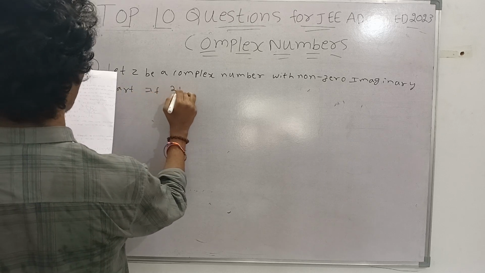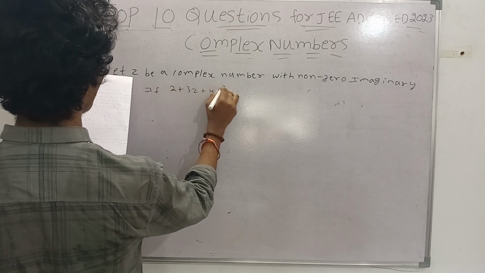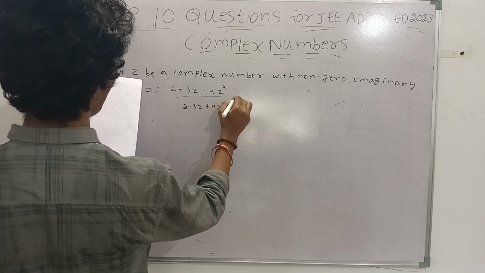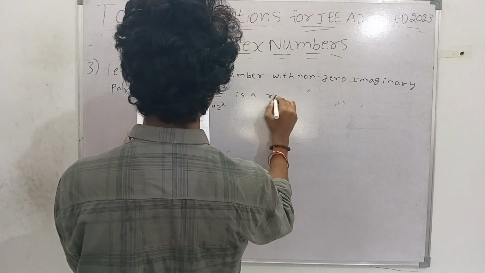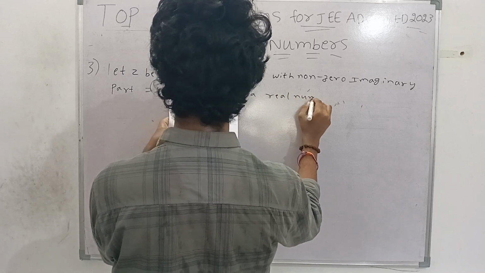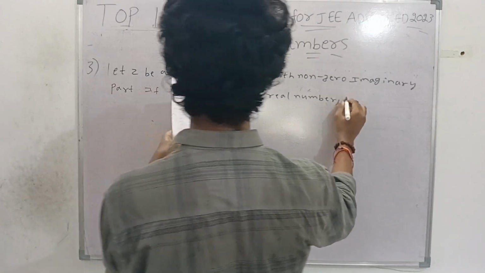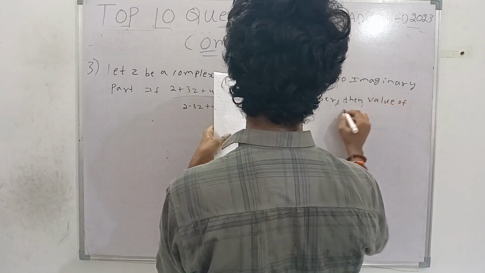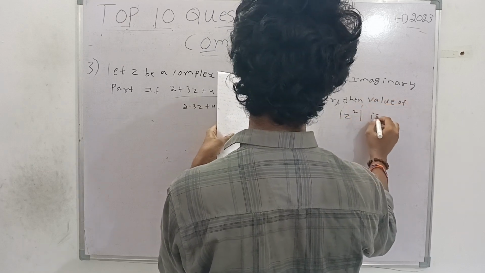If (2 plus 3z plus 4z square) divided by (2 minus 3z plus 4z square) is a real number, then the value of mod z square is.